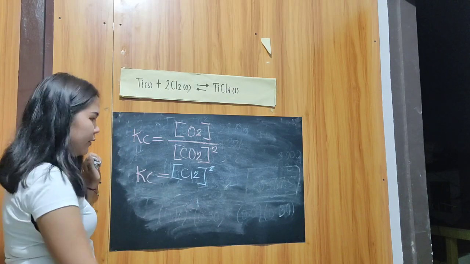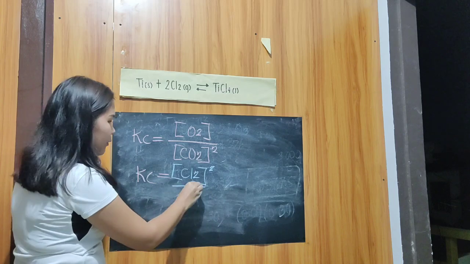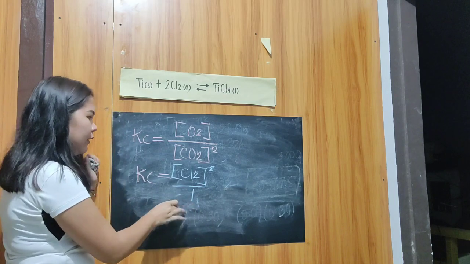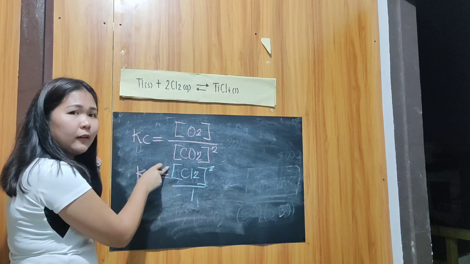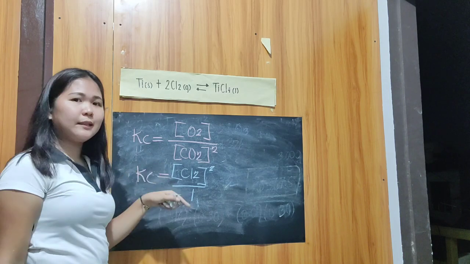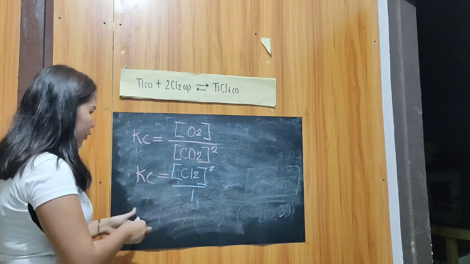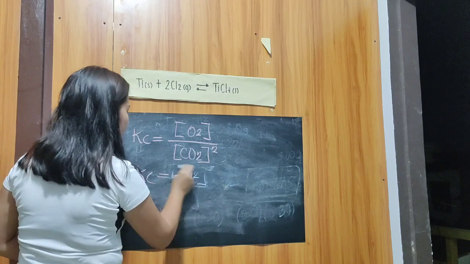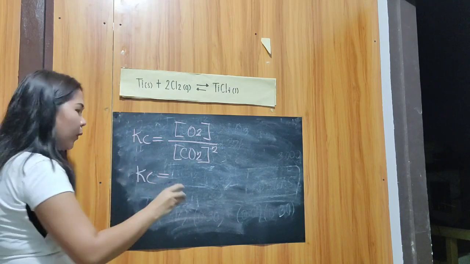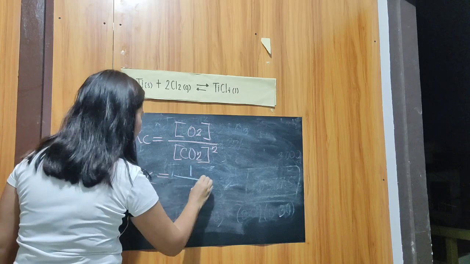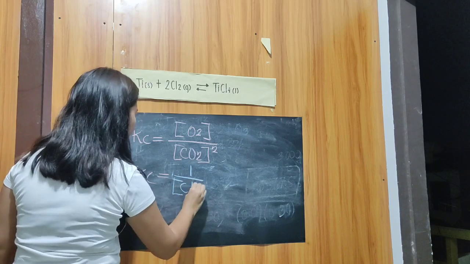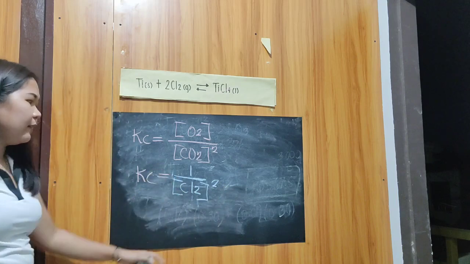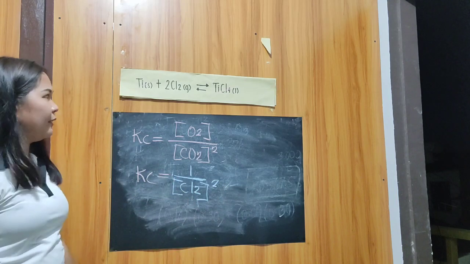No, it's not correct. Meaning, you put 1 here. Why make the denominator 1, when the product should be at the bottom? So you cannot do that. The 1 should be on top. Okay, so 1 over. So, this is the correct answer.